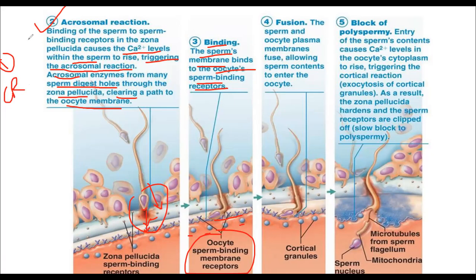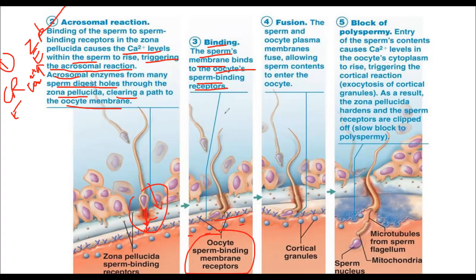Step number two, making way through the zona pellucida, here also by releasing enzymes. This will trigger a calcium level increase, which will make the acrosomal reaction faster and more powerful, so that now there is a hole, a way created for the sperm to move inside.